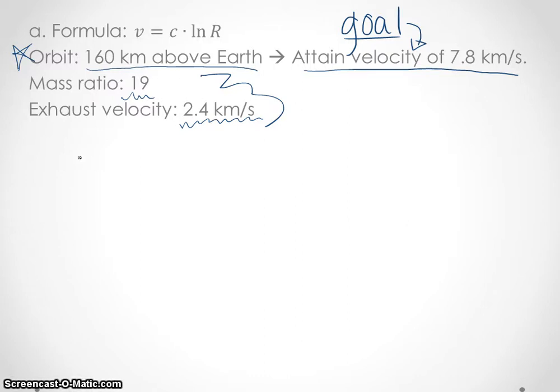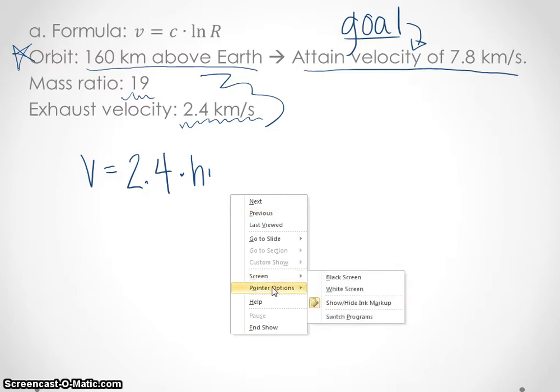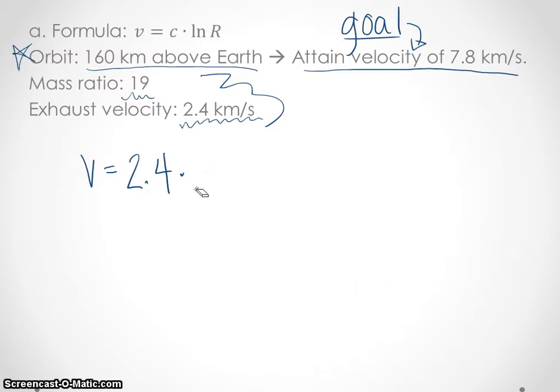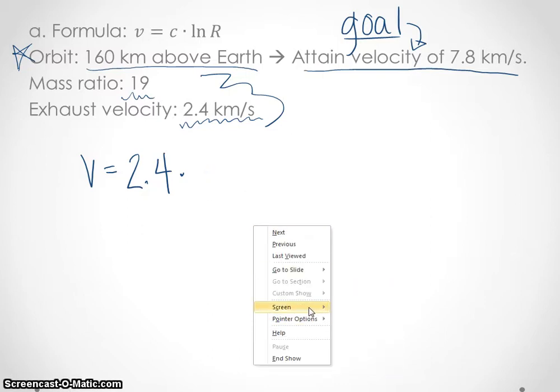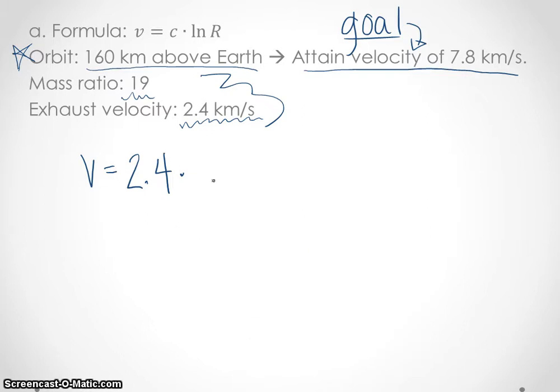So our velocity is v. We don't know that yet. We're trying to figure that out. Our exhaust velocity, remember, was c, and that's 2.4. So we say 2.4 times the natural log of r.